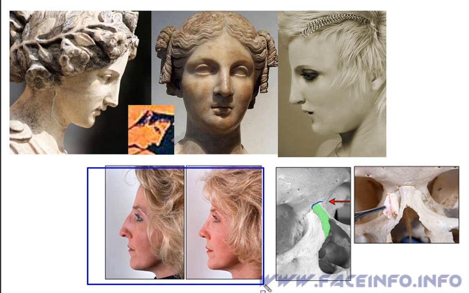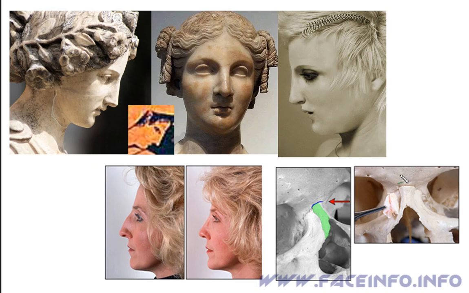And additionally to removing the bulge, she has had a part of her nasal bone cut up to this spot, which is called the nasion. So this is the frontal bone. These are nasal bones.